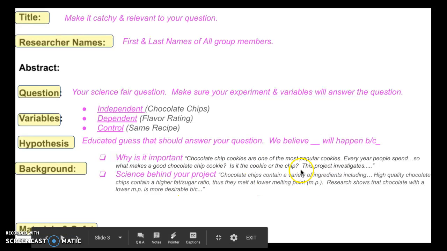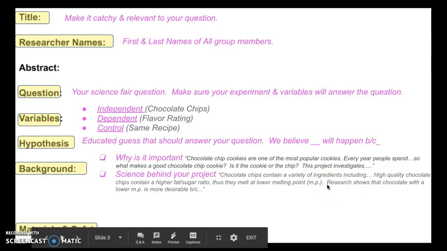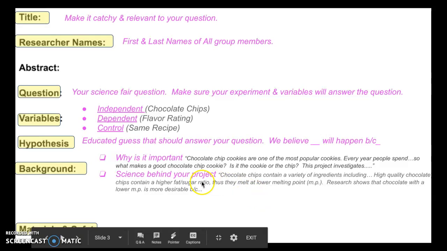I researched the ingredients in chocolate. I researched why higher quality chocolate chips could be more desirable, and it's because chocolate with a lower melting point is more desirable because, and I'm sure there will be some more information there as well. So you can see I've done a bulk of my research in this section.